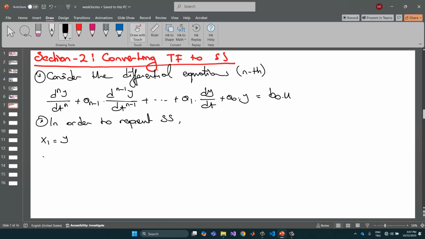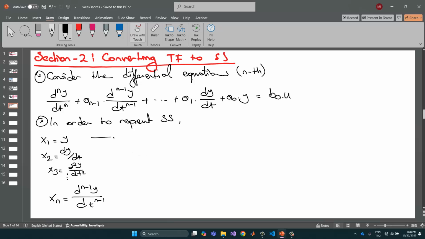We can assign y. x2 can be assigned with what? y dot. x3 is the second order derivative, and xn is equal to d^(n-1)y/dt^(n-1), right?